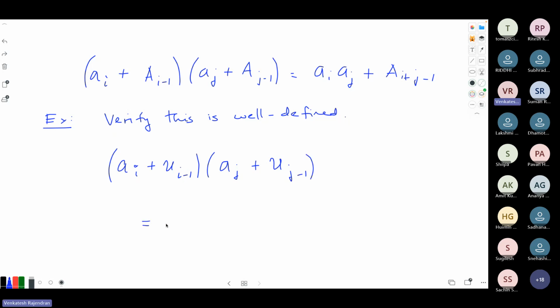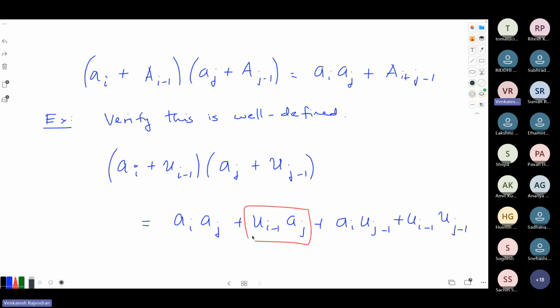If you take the product, you get a_i a_j plus u_{i-1} a_j plus a_i v_{j-1} plus u_{i-1} v_{j-1}. Note that the first has grading i+j, and the middle elements have grading at most i+j-1, while the last one has grading i+j-2.